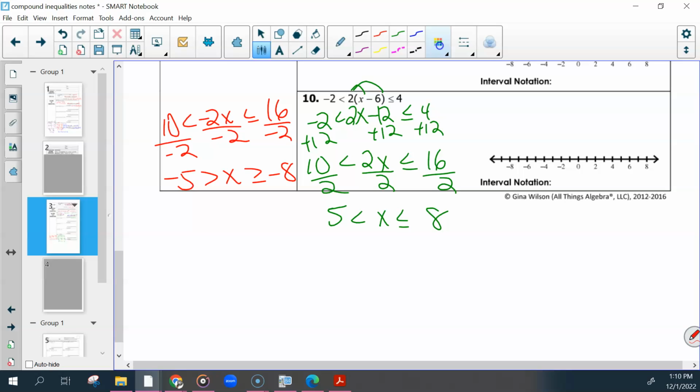But we still want this in order least to greatest, and we want them as less than or less than or equal to signs, so we're going to take this and flip the entire thing. So if you did get a negative, that's what you would do. Change all your signs and then flip the entire thing. Questions on that?